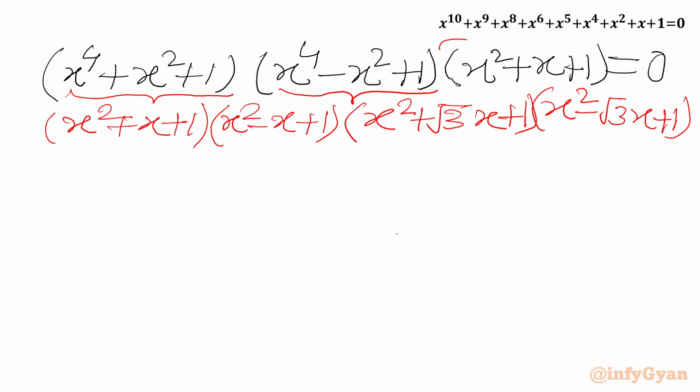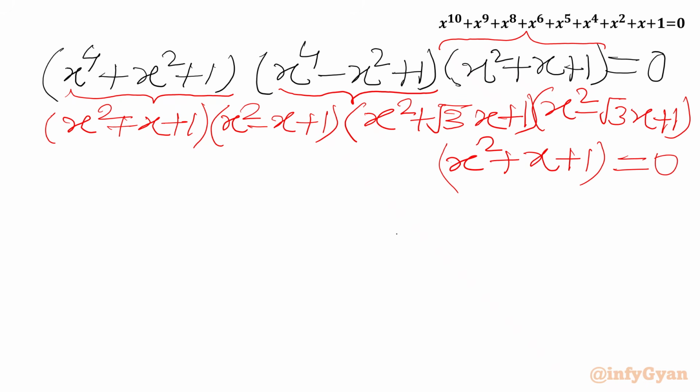Then we have the last bracket x square plus x plus 1 equal to 0. So we have x square plus x plus 1 here also and here also. So we will write x square plus x plus 1 whole square.